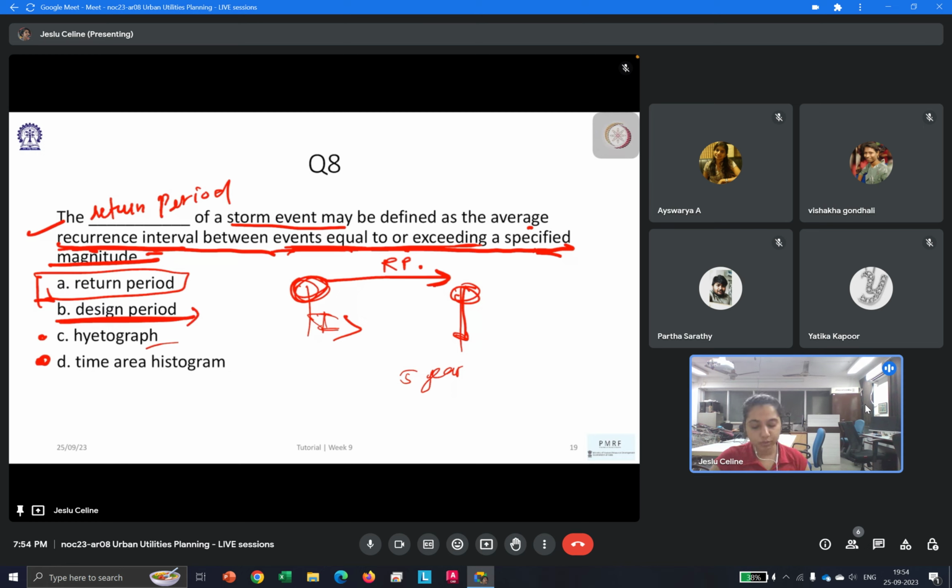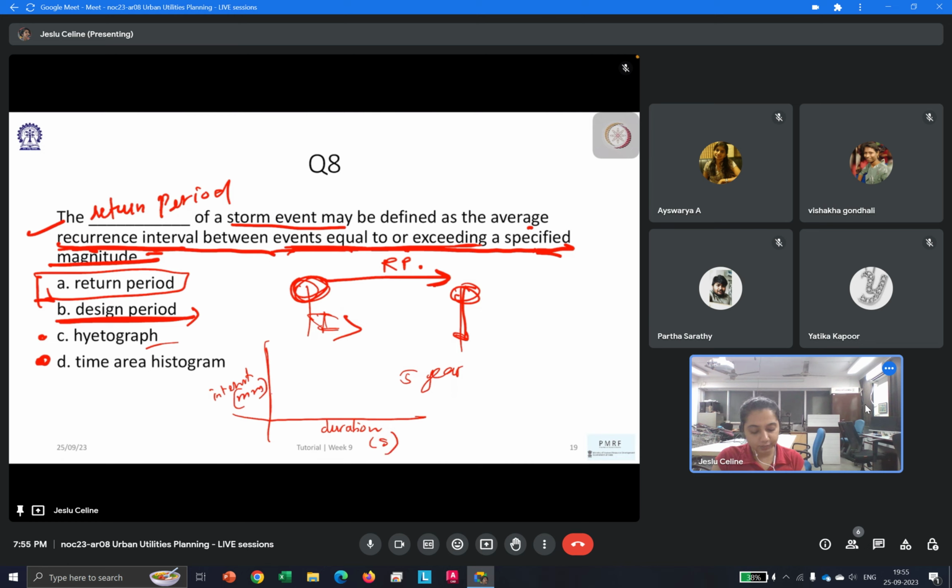Now, hydrograph. What is hydrograph? This is used when you're calculating the surface runoff, stormwater runoff; we use different methods. One method is where we plot a hydrograph. A hydrograph basically has the duration and the intensity of rainfall. Intensity in millimeters, duration in seconds.